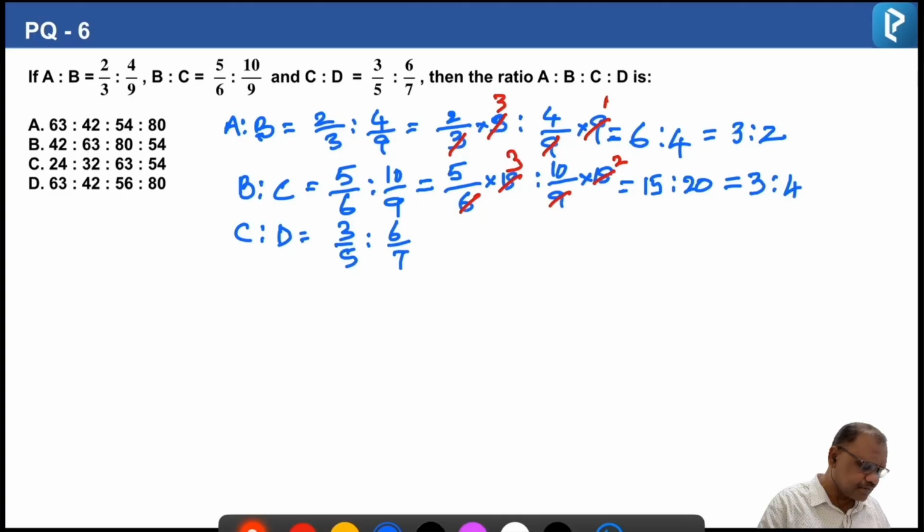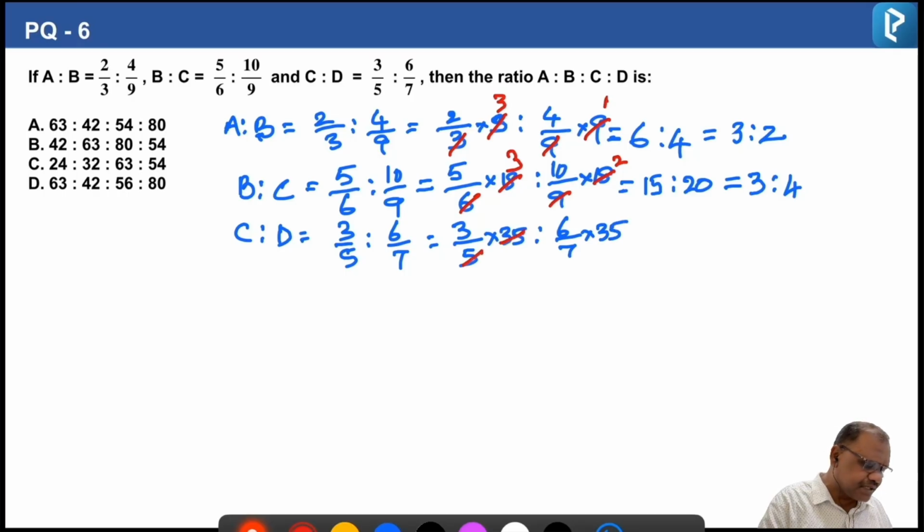The same way, the third ratio C:D, 3/5:6/7. So 5 and 7 are co-primes. Their product is their LCM. 5 into 7, 35 is their LCM. 3/5 into 35, 6/7 into 35.